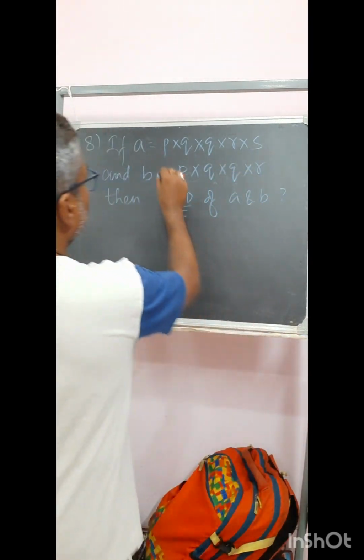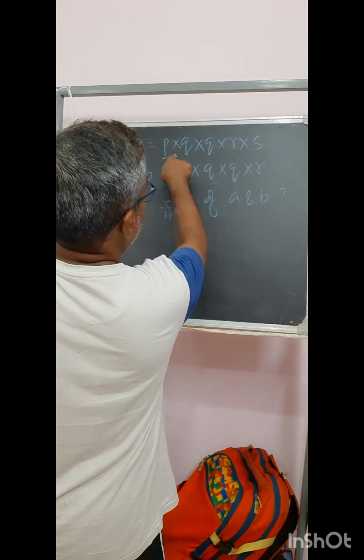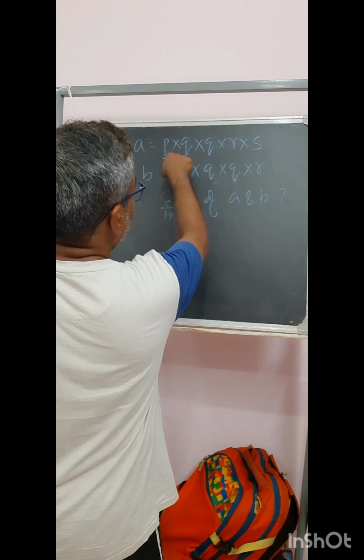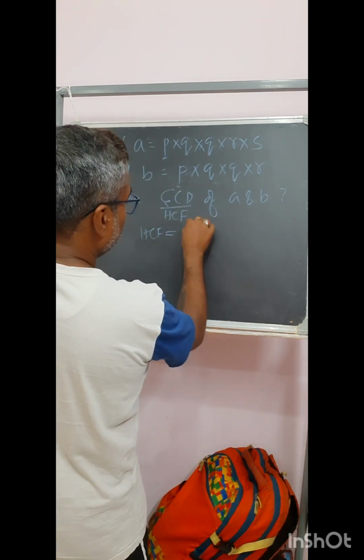I can see the factor P is coming; only one P is available, so I will consider one P for HCF.